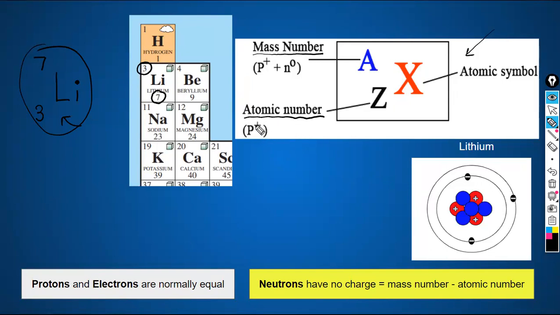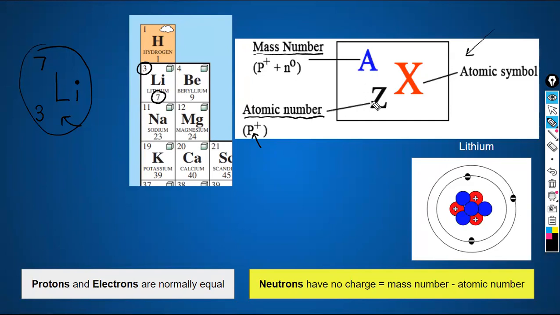Your atomic number tells you how many protons, and I have a little symbol here. Remember, protons are positive. And the top number, the large number, is the amount of protons plus neutrons. So that's why the top number is large. It's the amount of protons plus the amount of neutrons.